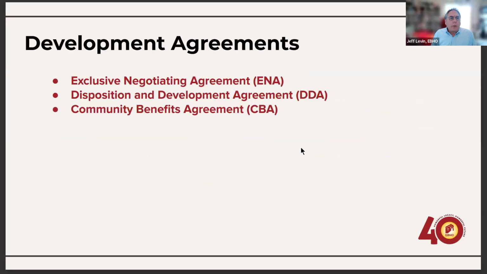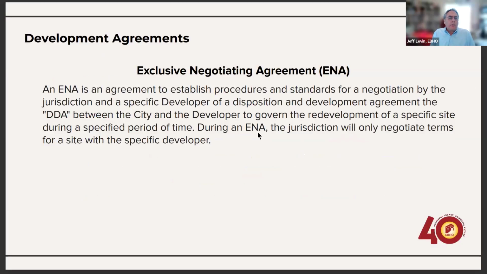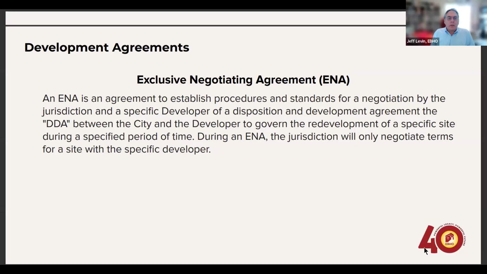The next category we want to deal with is really about the development agreements and development process. We'll talk about three agreement types that you will see a lot and that we often refer to. The first is an exclusive negotiating agreement, or ENA. An ENA is basically an agreement between a jurisdiction and a developer that they are going to negotiate over the terms for selling or leasing land for development.